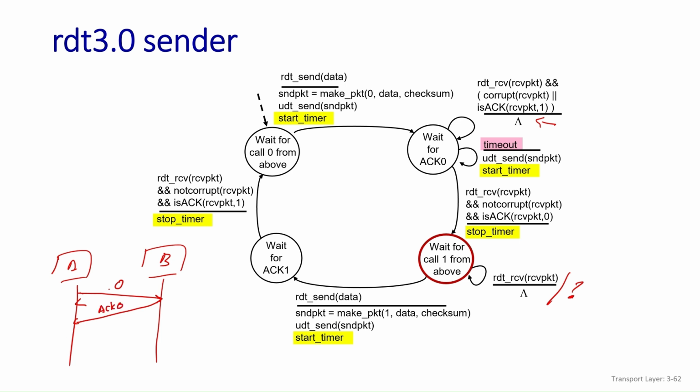At this point, we are in a state which is wait for call one from above, and it receives another packet. But on receiving this packet, obviously this packet is an acknowledgement. It takes no action, and the sender stays in this state, which is wait for call one from above.